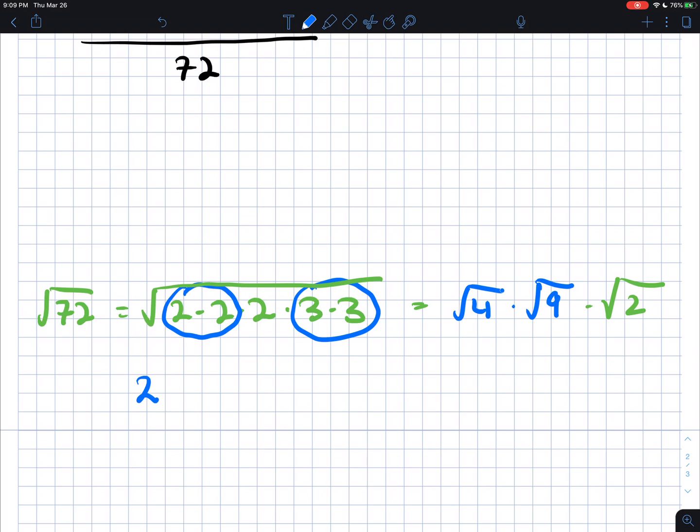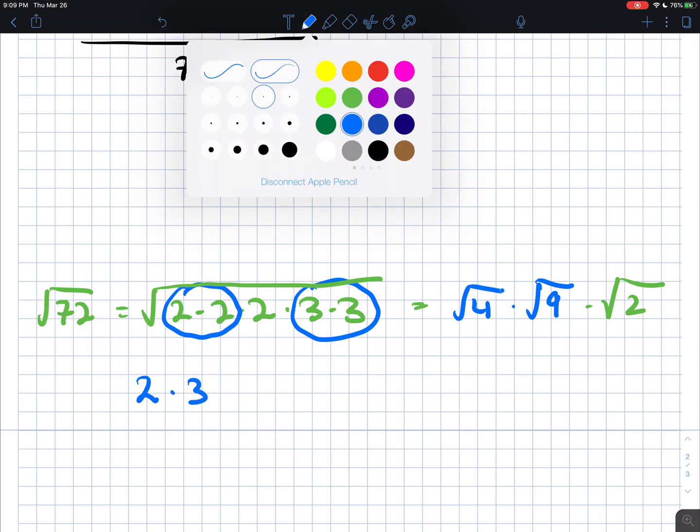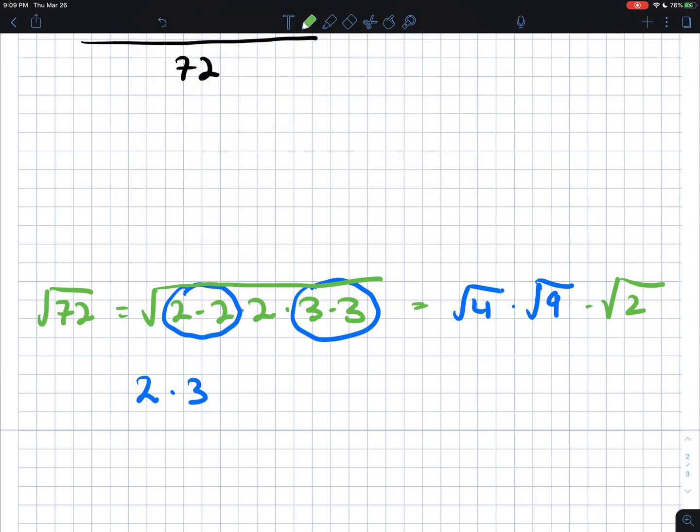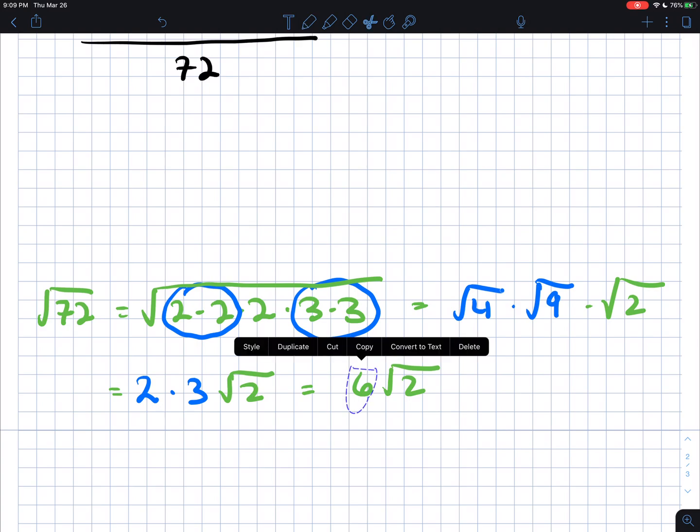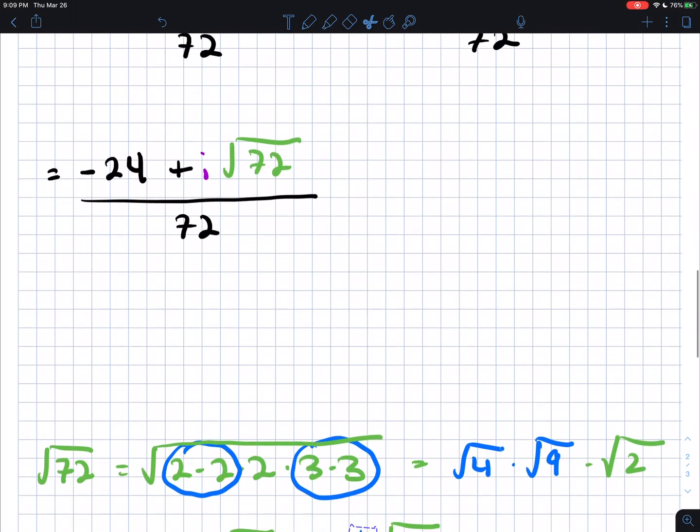The square root of 9 is 3. And that square root of 2, it's not a perfect square, so we just leave it as is, right? So then the square root of 72 ultimately is going to be 6 times the square root of 2. Okay? All right. So that's the green part.